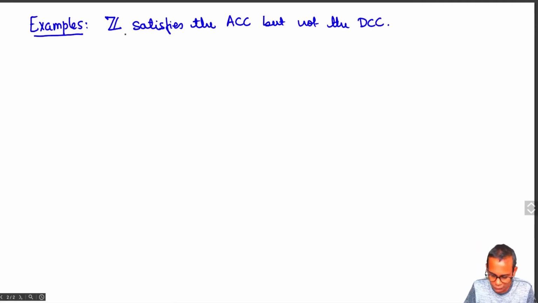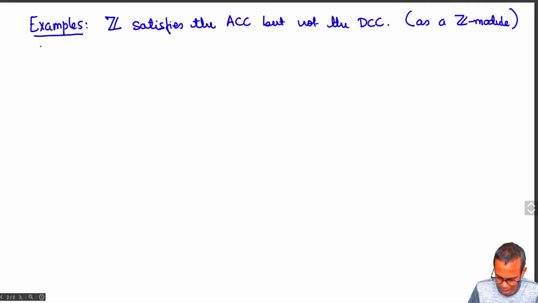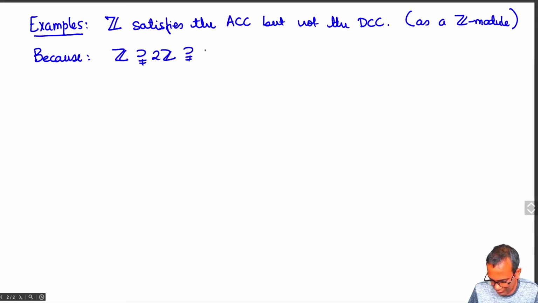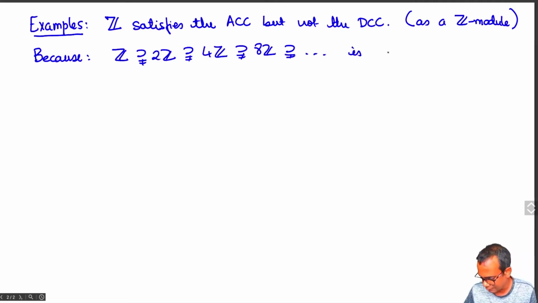Here we think of Z as a Z module, which is the same as looking at an abelian group. So here's a descending chain. You just take Z strictly contains 2Z, which strictly contains 4Z, which strictly contains 8Z, and so on. This is a descending chain which never stabilizes.